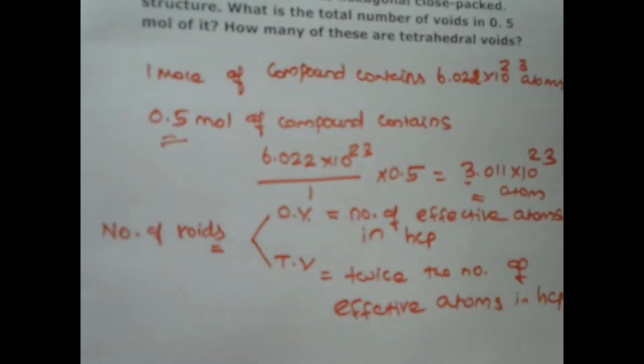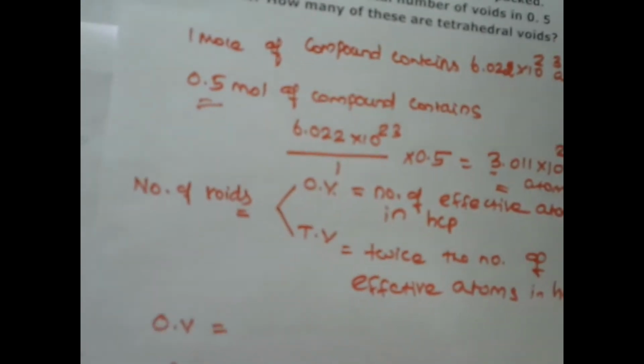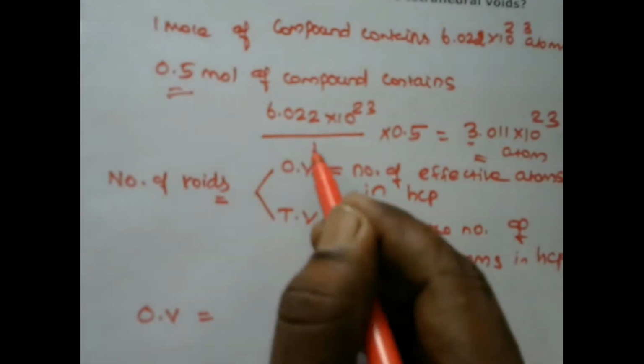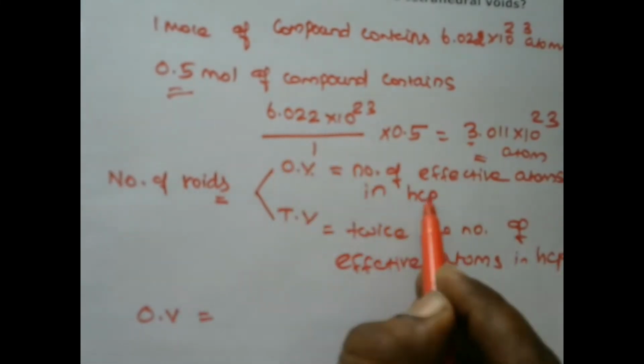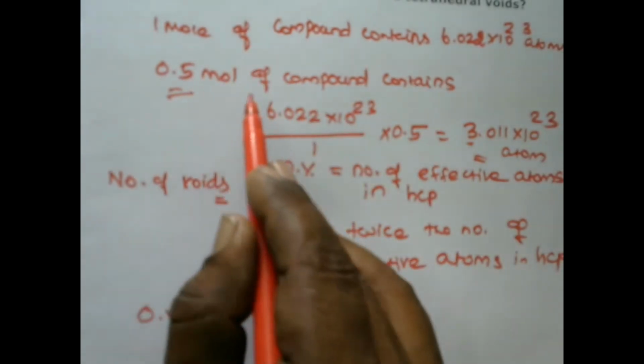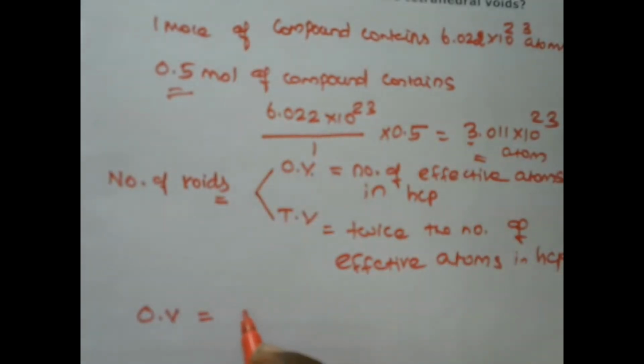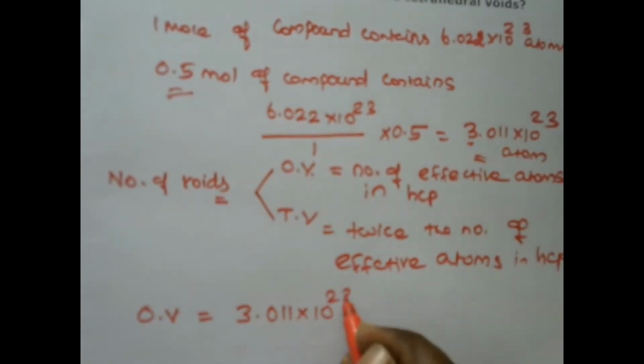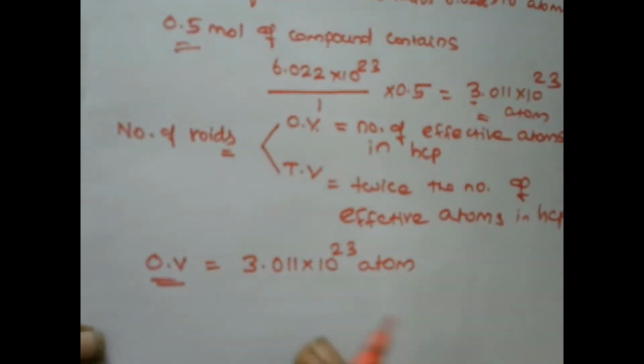So octahedral voids is equal to number of effective atoms in HCP, that is number of atoms present in 0.5 mole of the compound, that is equal to 3.011 into 10 to the power of 23 atoms. This is octahedral voids, right? Tetrahedral voids is quite simple.